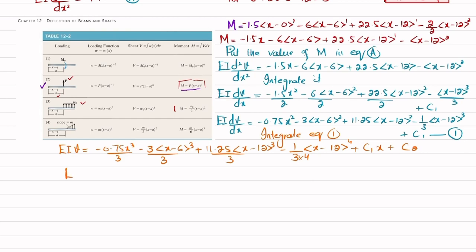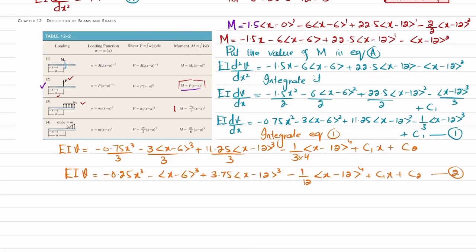So you will get EI v is equal to minus 0.25 x cube minus, 3 and 3 will cancel, so we are left with x minus 6 power 3 plus 3.75 into x minus 12 cube minus 1 over 12 into x minus 12 power 4 plus C1 x plus C2, and this is your equation number 2.